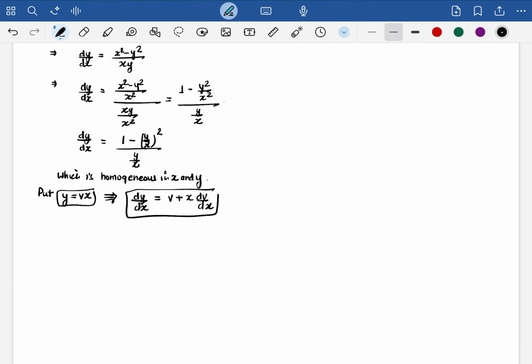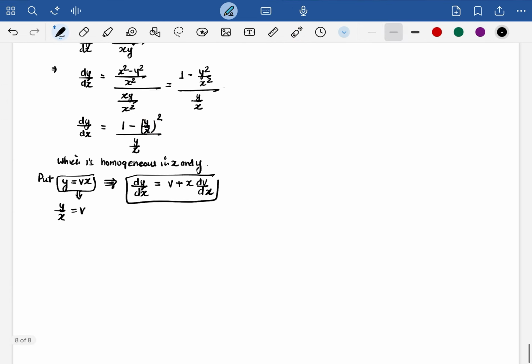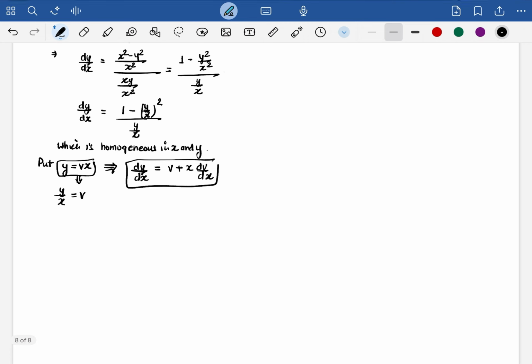So can we say here dy by dx will be replaced by this equation, and y by x is nothing but replaced by v. So just replace the things from equation 1, and keep it as equation number 2.